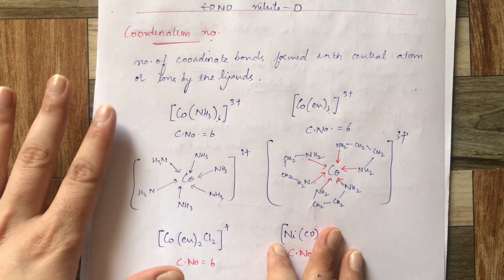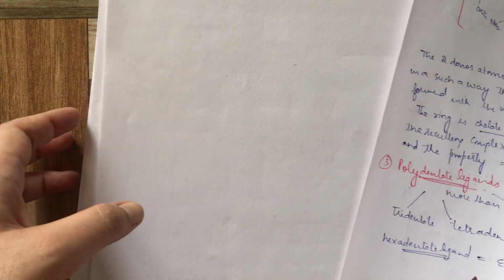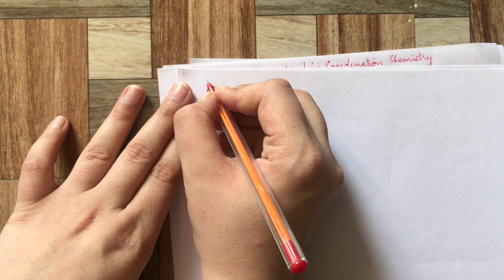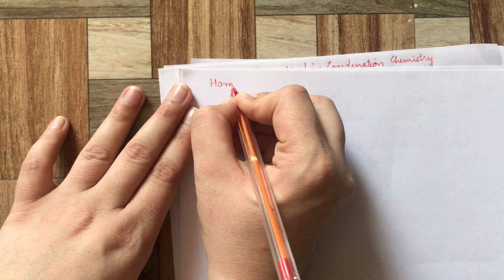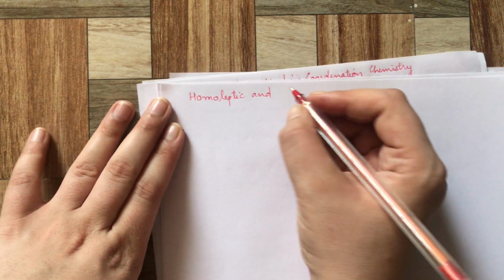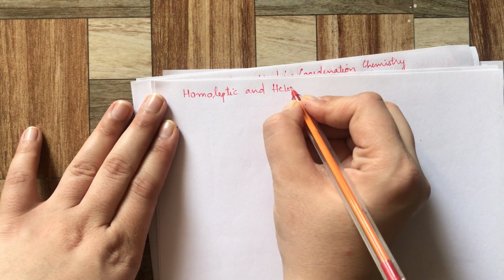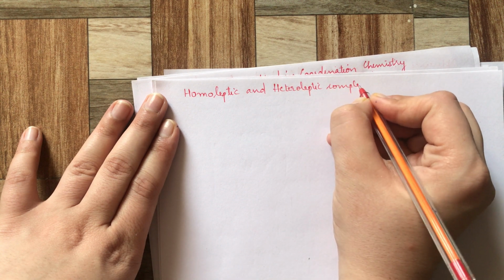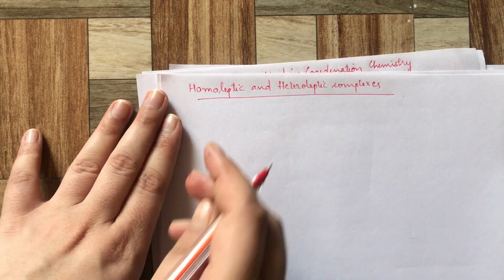In continuation with the coordination number, we have the oxidation number. Before that, we discuss homoleptic and heteroleptic complexes. Let's complete the terms first. Homoleptic complexes have the same type of ligands around the central metal atom.